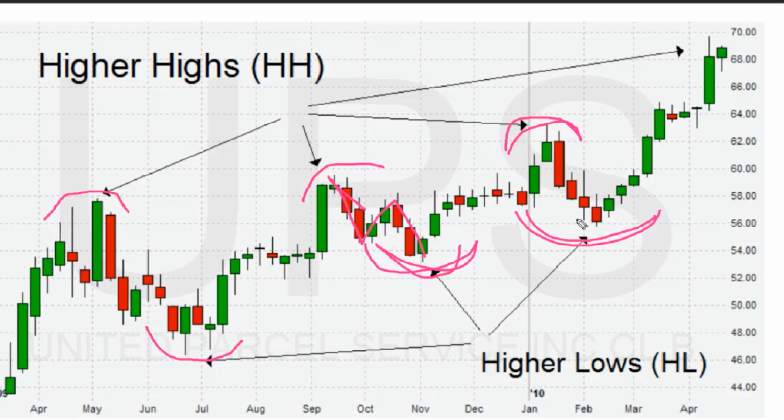So in this situation, you want to identify what those waves are, use support and resistance to try to figure out where these inflection points will be, and then use those to ride this wave in the right direction. Again, from 44 here to 68 here, you're near double your money, a little bit shy of double your money, staying with that trend, where there's a lot of traders who try to pick these tops and bottoms.